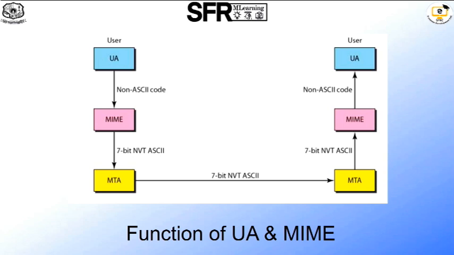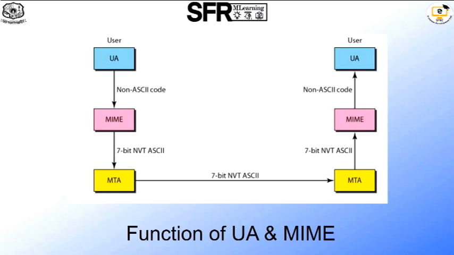For example, it cannot be used for languages that are not supported by 7-bit ASCII characters such as French, German, Russian, Chinese and Japanese. Also, it cannot be used to send binary files or video or audio data. Multipurpose Internet Mail Extension, that is MIME, is a supplementary protocol that allows non-ASCII data to be sent through email.